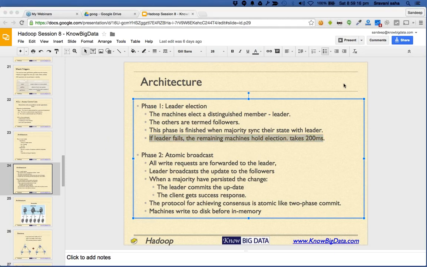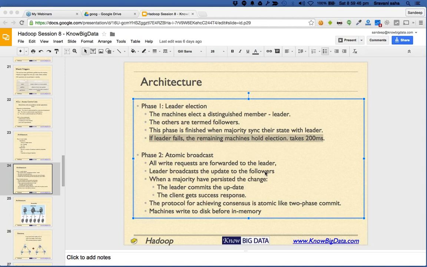Now, as soon as the leader comes up, every node will sync their state with the leader. And in case at any moment of time the leader fails to perform, or fails completely, the remaining machines will hold the elections, and the elections generally take again 200 milliseconds.